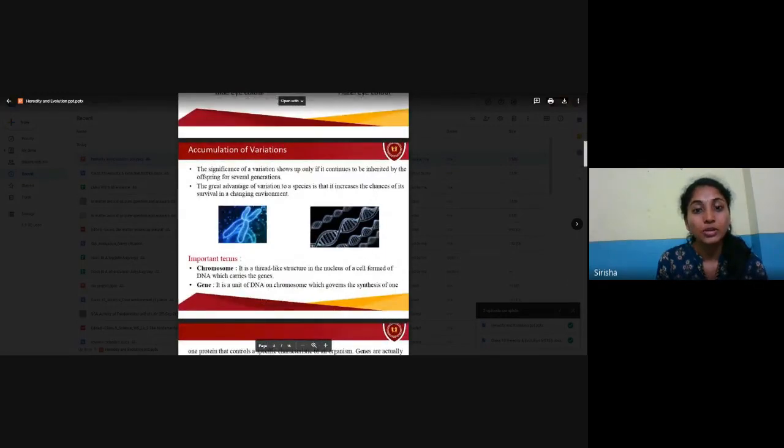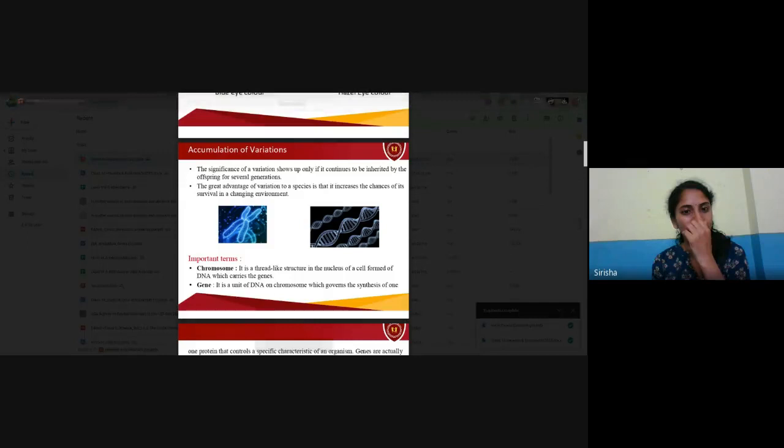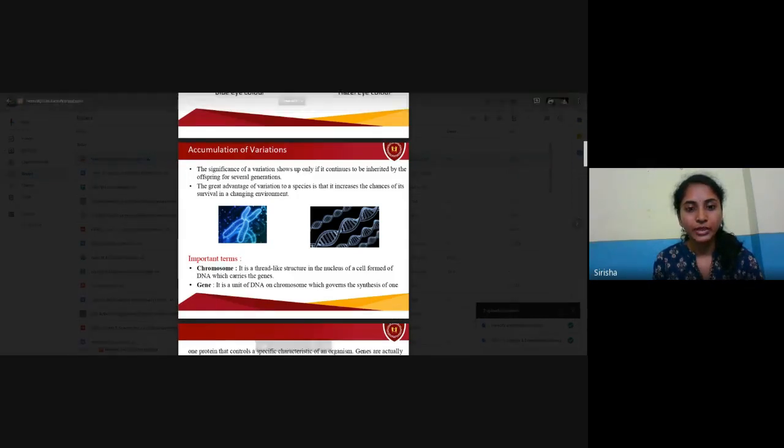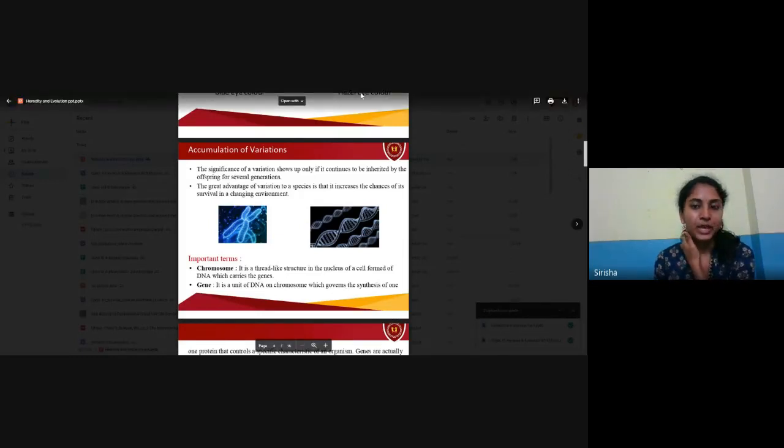Accumulation of variations. How do variations accumulate? The significance of a variation shows up only if it continues to be inherited by the offspring for several generations. If it is carried from one generation to another and then to another, only then does it gain some significance. For example, our forefathers might have had characters like hair on the ear pinnas.